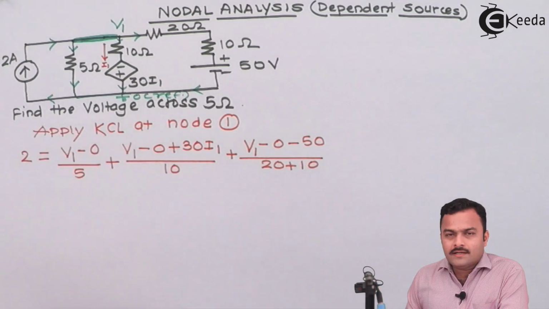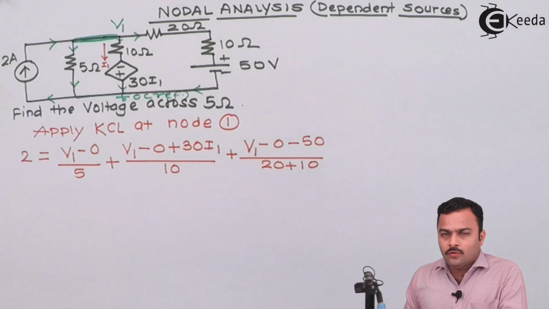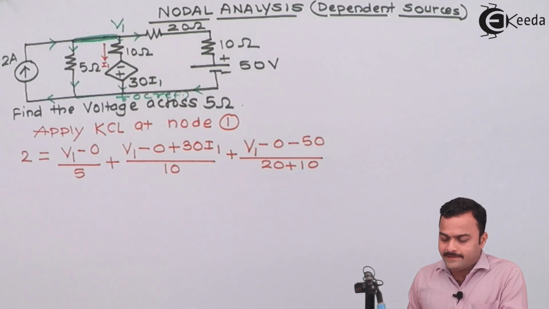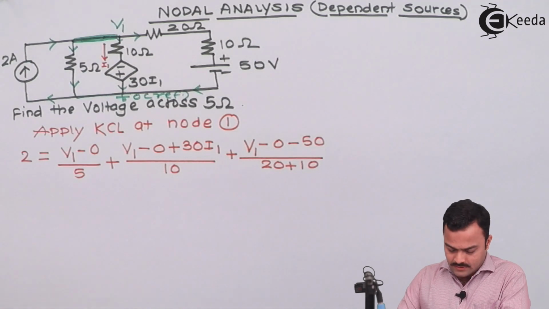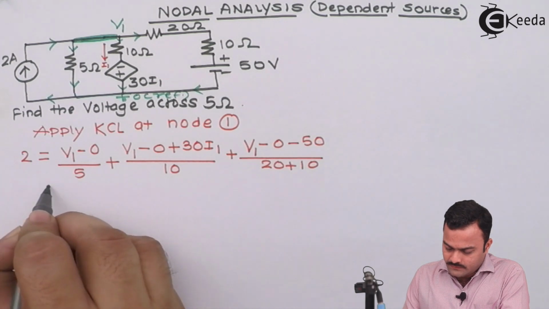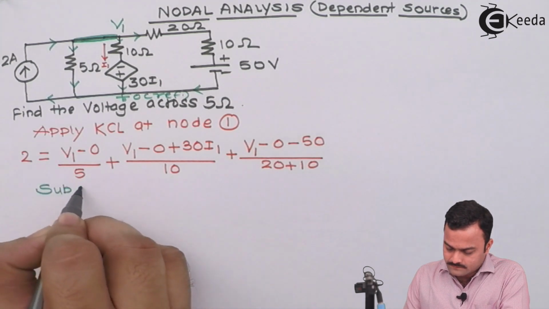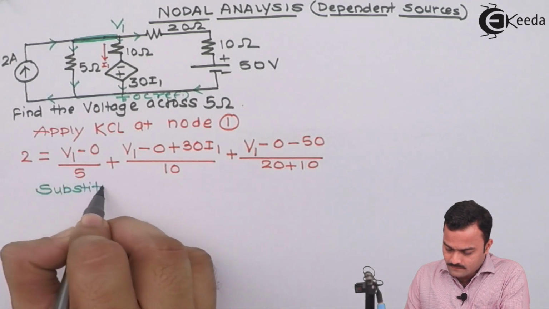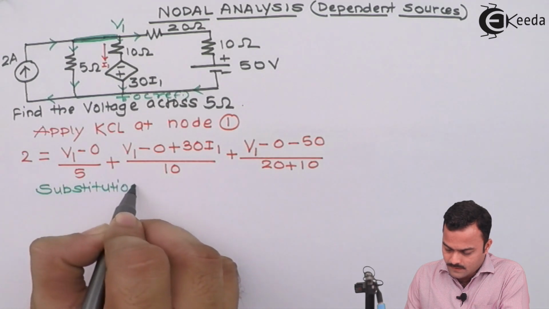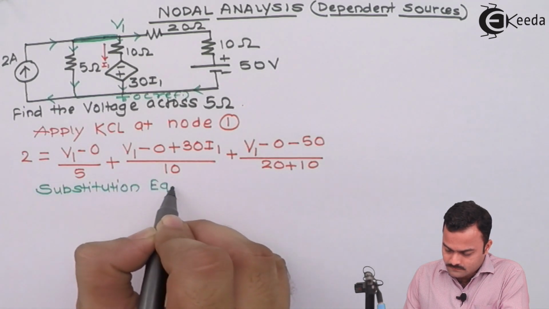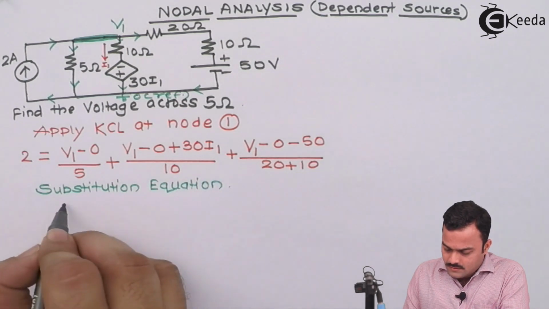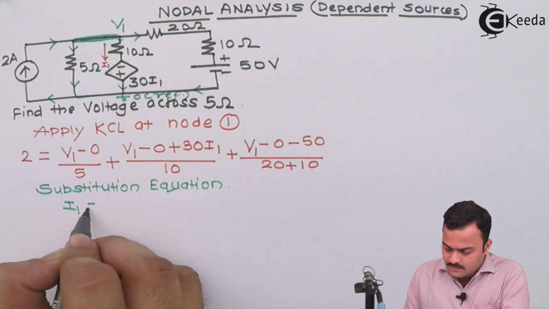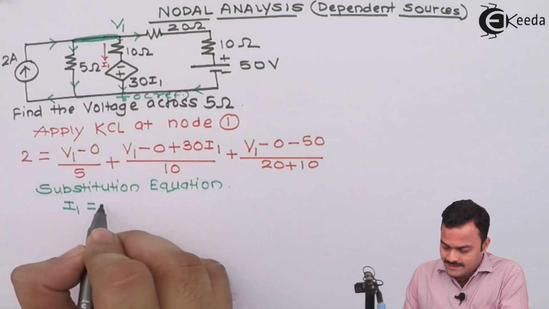Here V1 is the node voltage, the variable which we declared initially, and I1 is another variable. So we need a substitution for I1. We have to write a substitution equation for I1. I1 is the current flowing through this 10 ohm resistor.